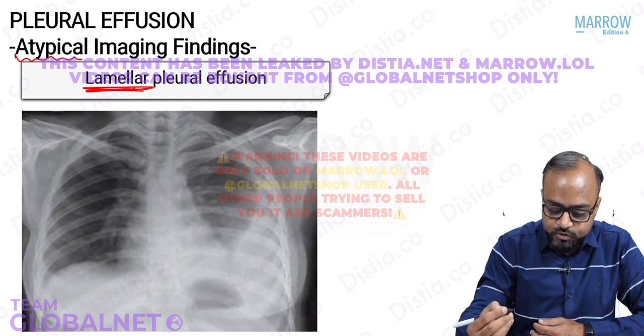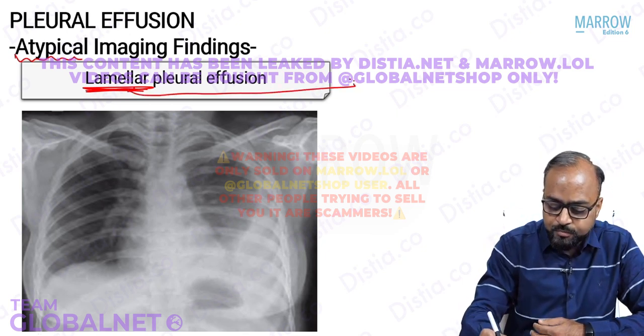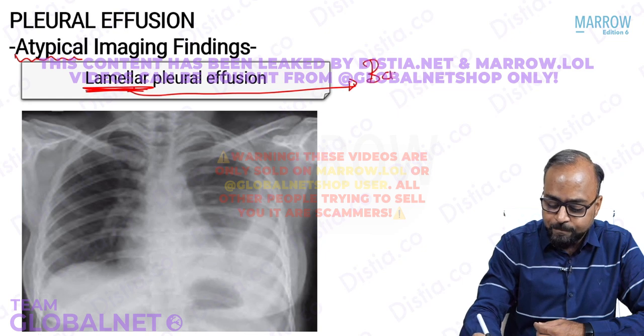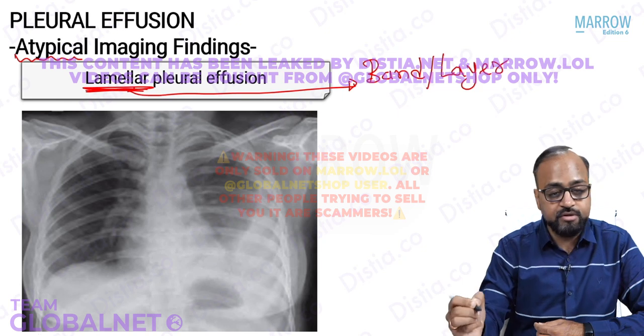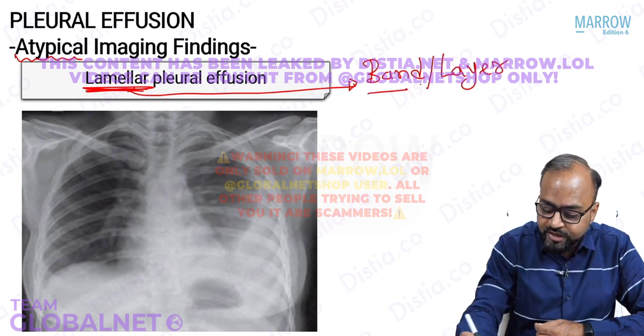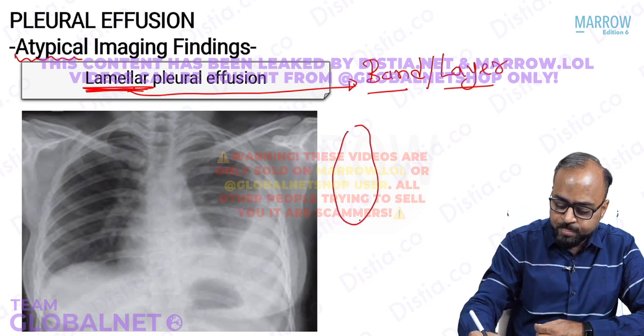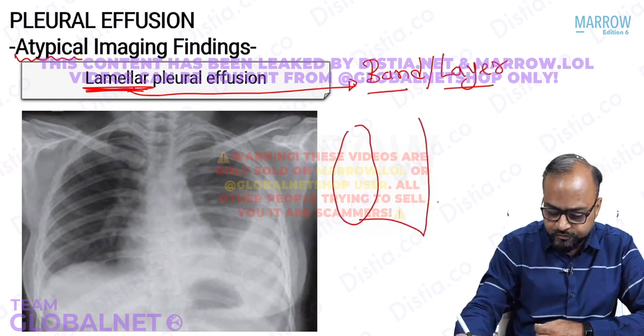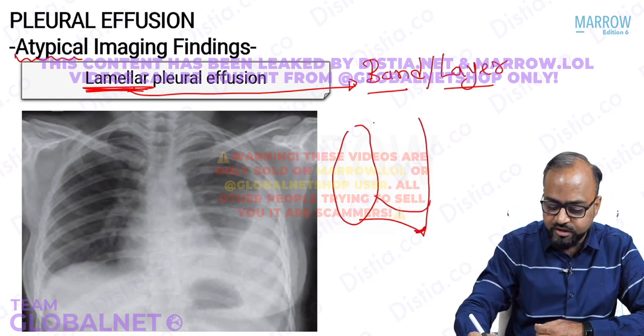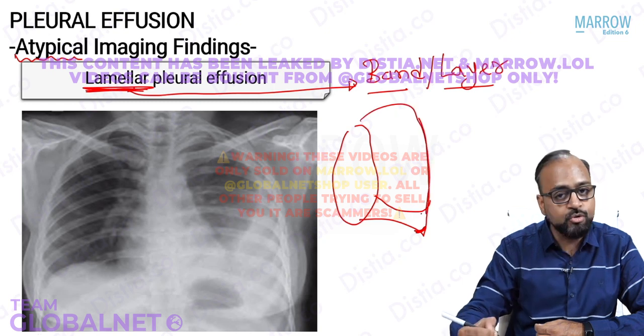So lamella means a thick band of fluid or thick layer-like appearance. So how does the fluid get collected as a band or a layer? See, we have seen if this is the heart, and this is the pleural cavity, fluid will initially cause blunting of the CP angle, then it will cause a pleural meniscus because it settles down, and then it will cause a completely opaque hemithorax.